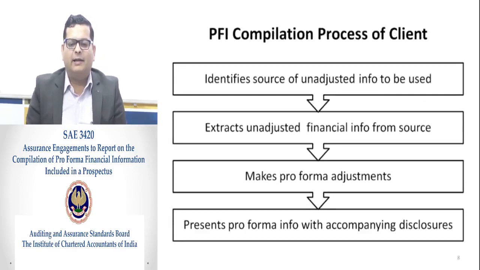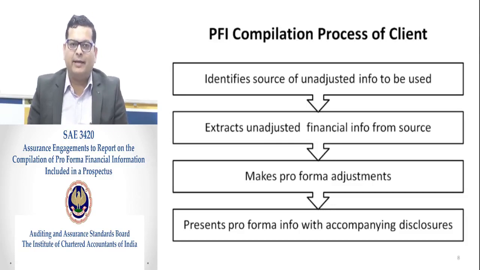How does a client prepare or compile pro forma financial information? First, the client needs to look at the sources of unadjusted financial information, which in my earlier example means the underlying audited or reviewed financial statements for 18-19 of A, and similarly the financial information of B. Those are unadjusted financial information.